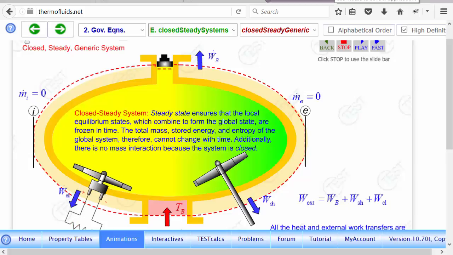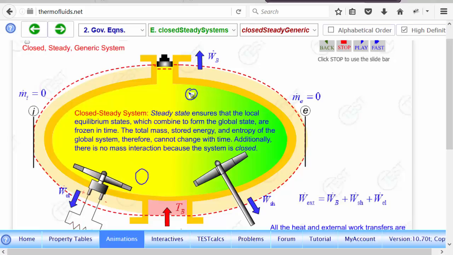Think of what is the consequence of that for a second. For instance, if somebody asks you to find the mass of the working fluid in the system, think of the air in your room. Suppose the room is the system. Then to find the mass of the air in the room, you may have to divide the entire room into small systems because the temperature and pressure could be different, technically speaking, from point to point in a system.